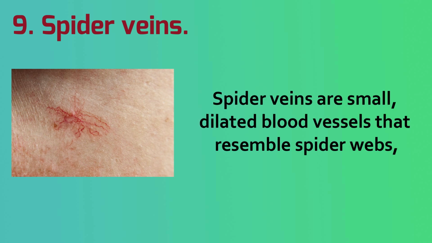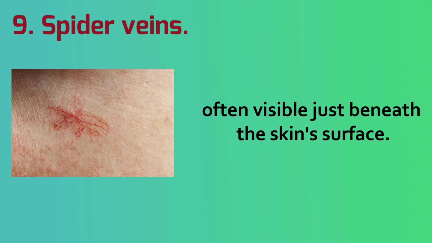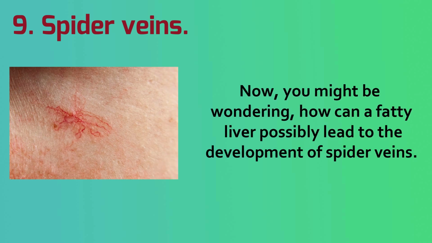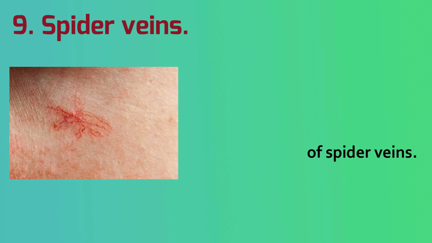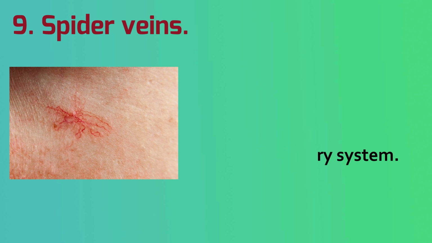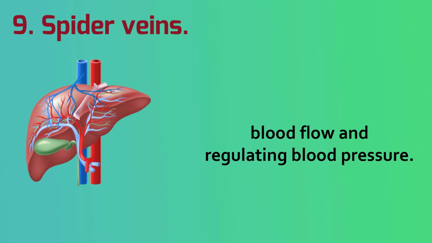Number 9. Spider veins. Spider veins are small, dilated blood vessels that resemble spider webs, often visible just beneath the skin's surface. Now, you might be wondering, how can a fatty liver possibly lead to the development of spider veins? The answer lies in the intricate relationship between the liver and the circulatory system. The liver plays a crucial role in maintaining overall blood flow and regulating blood pressure.